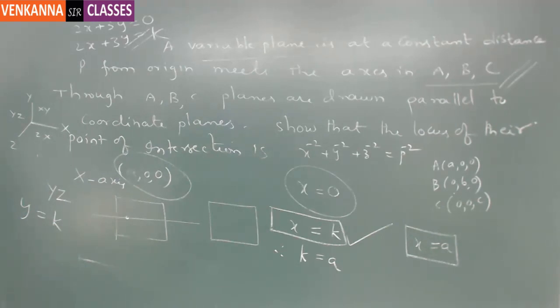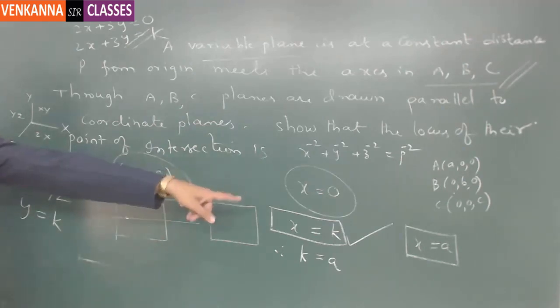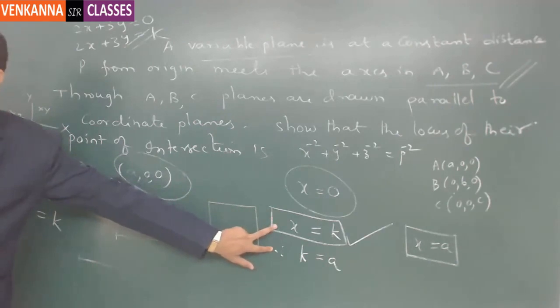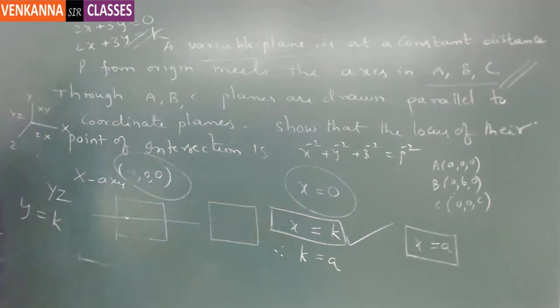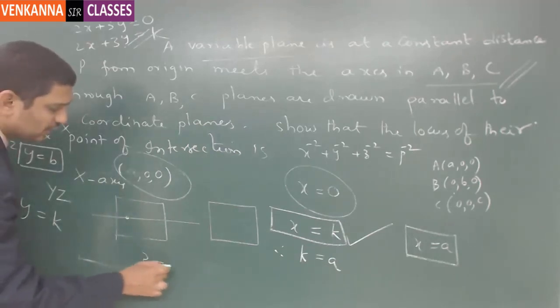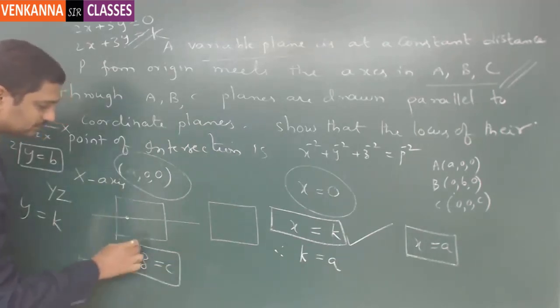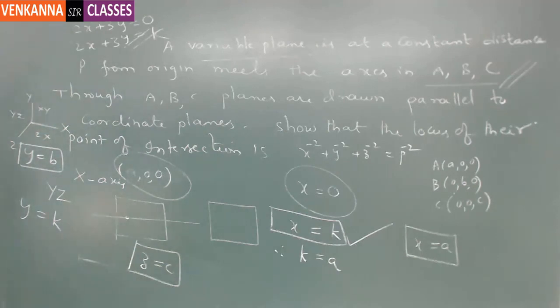And as usual, the final answer, observing these two equations, you got that x is equal to a, so here you will get that y is equal to b. Similarly, for the third point, you will get that z is equal to c. Are you getting the idea?